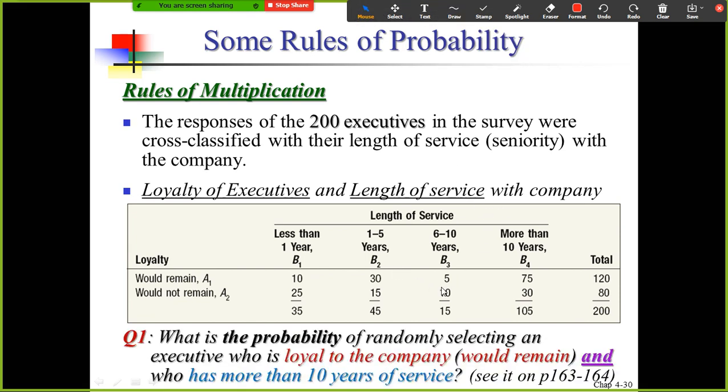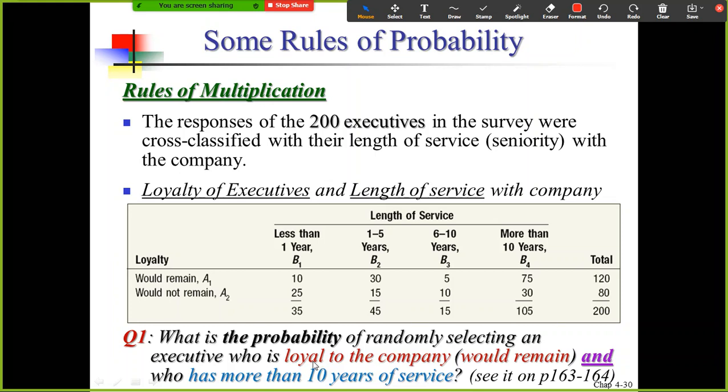Okay, so based on this table, the questions should be asked. So I have question 1. Next we will have question 2. Question 1: What is the probability of randomly selecting one executive who is loyal to the company, that means would remain, and who has more than 10 years of service?